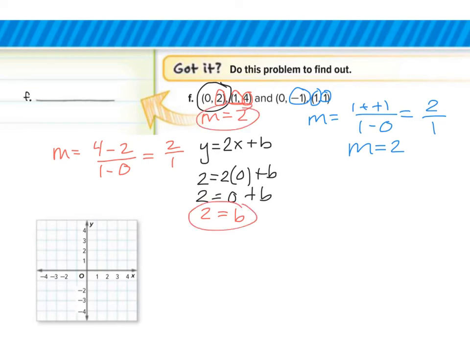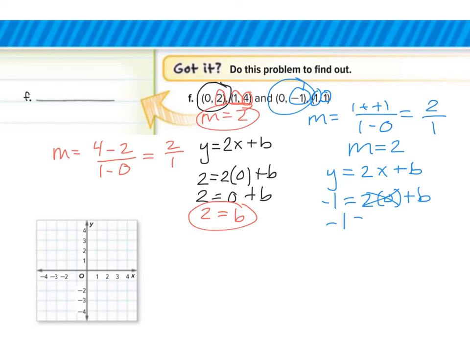Now I'm going to solve for the y-intercept of the second equation using this point. y equals 2x plus b. I can substitute in my x and y using that point. -1 equals 2 times 0 plus b. 2 times 0 is just 0.